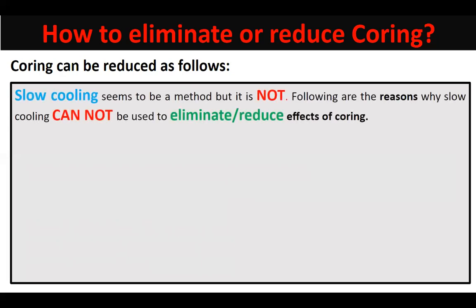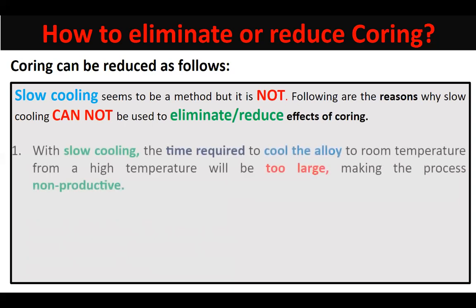Problem number one with this slow cooling option is that, right from say 1000 degrees centigrade, you have to come to 25 degrees centigrade, and if you start following cooling rates of the order of 25 degrees centigrade per hour or 10 degrees centigrade per hour, which are deemed fit as equilibrium cooling, please see how long one lot of casting would take to come from 1000 degrees centigrade to room temperature.